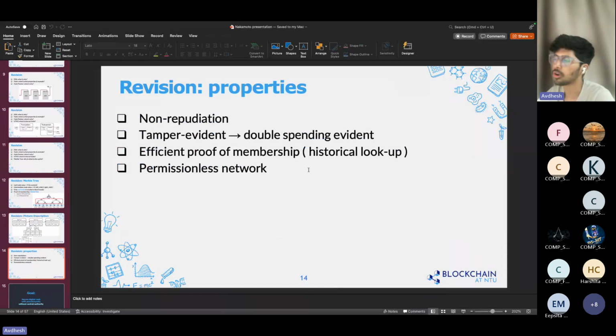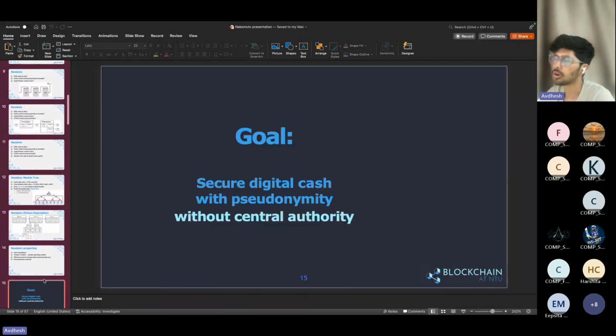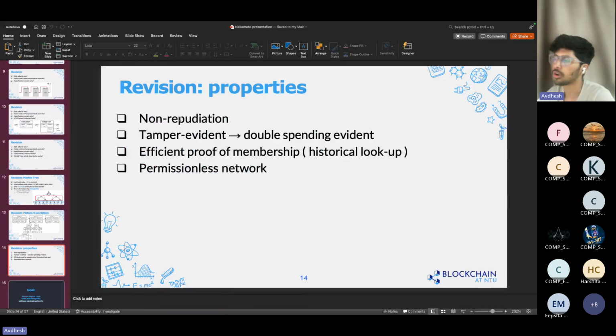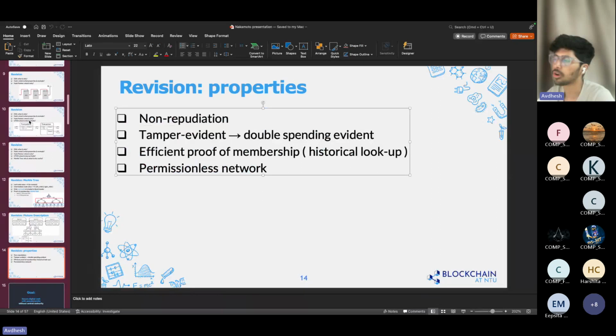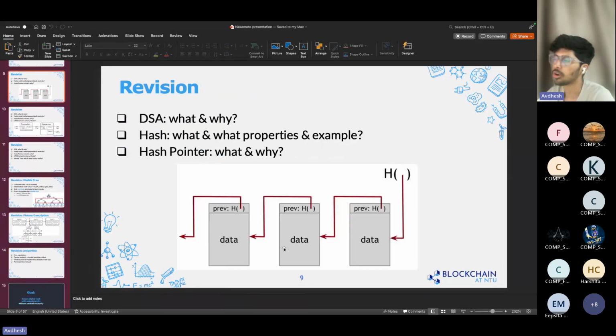So the properties are, what we discussed right now was that we cannot change the blockchain system. Even if we do, it will create another chain entirely because the hash will be different and the data will be different.